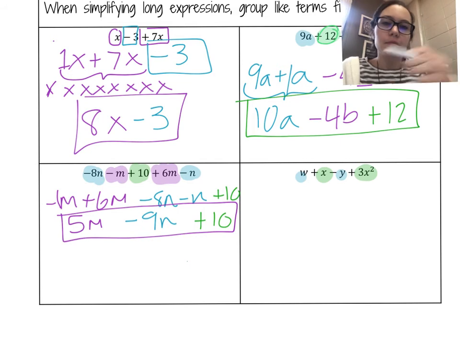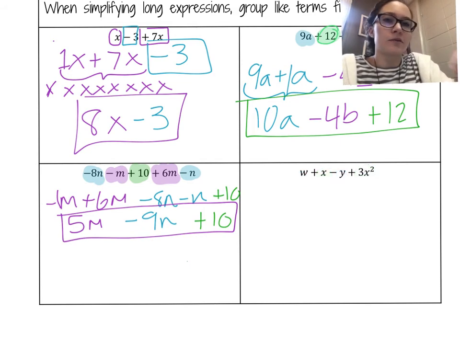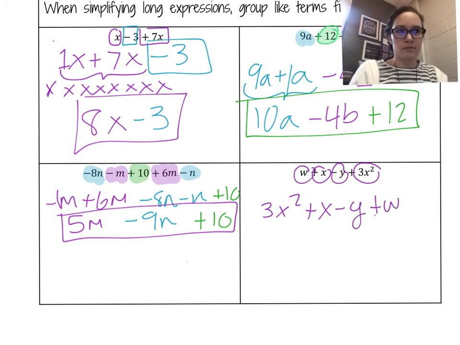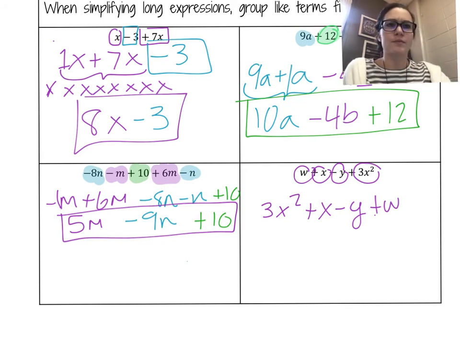So I'm just going to rearrange them in letter order, and we start with, if it has an exponent, the biggest number in the exponent. So we're going to do 3x squared plus x minus y plus w. So just like some fun little tidbits, don't worry, you don't have to do that one as much.